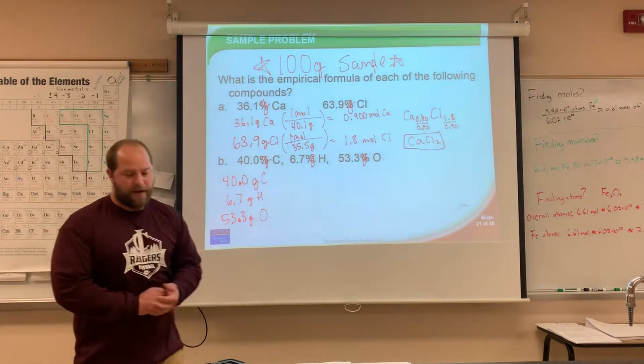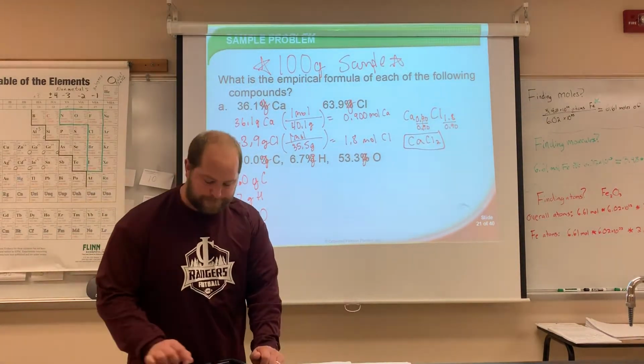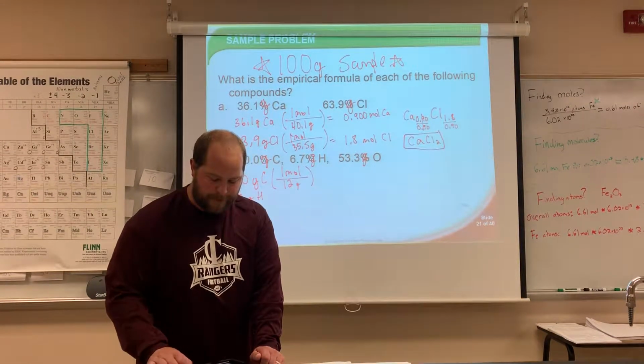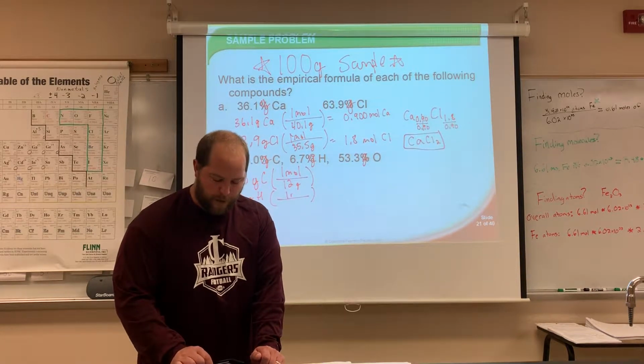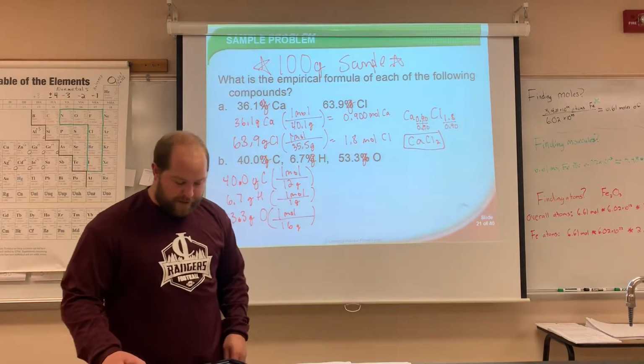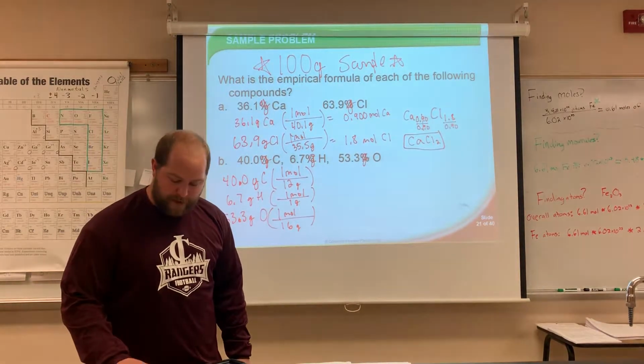But now let's figure out how many moles of each we have. So carbon's molar mass is going to be 1 mole per 12 grams. Hydrogen, 1 mole per 1 gram. And oxygen is going to be 1 mole per 16 grams. All right, so 40 divided by 12.